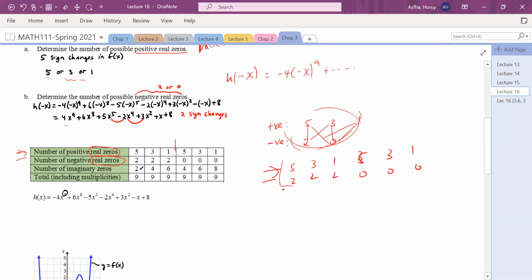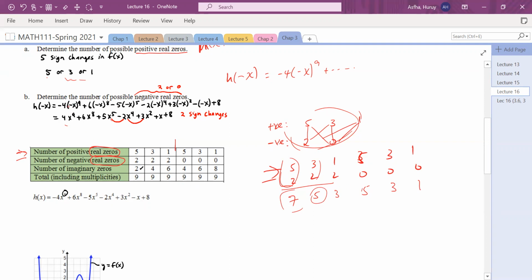And if we add this, what do we get? This is 7, this is 5, this is 3, this is 5, 3, and 1, if we add the total. So in total, because the possibility is one of these 6 possibilities, we have either this or this or this one real zeros.